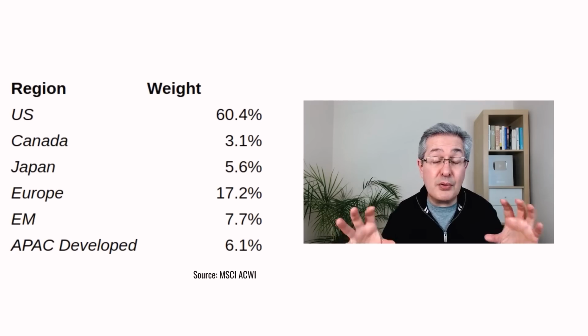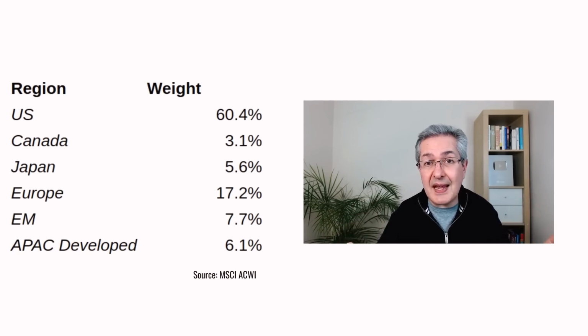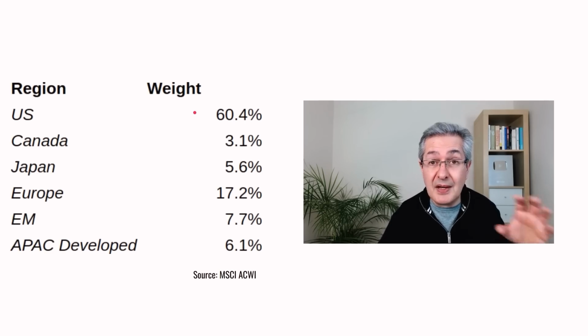So what I've done is I've broken down the MSCI ACWI index according to the region of each stock in the index. And as you can see, the US makes up 60%, Canada 3%, and so on down the list. Unfortunately, these regions don't map nicely onto individual funds.